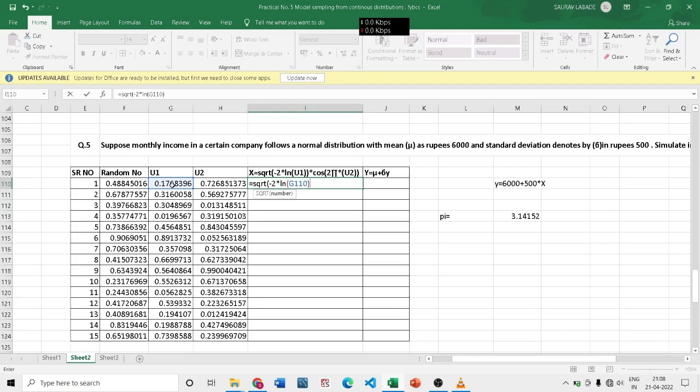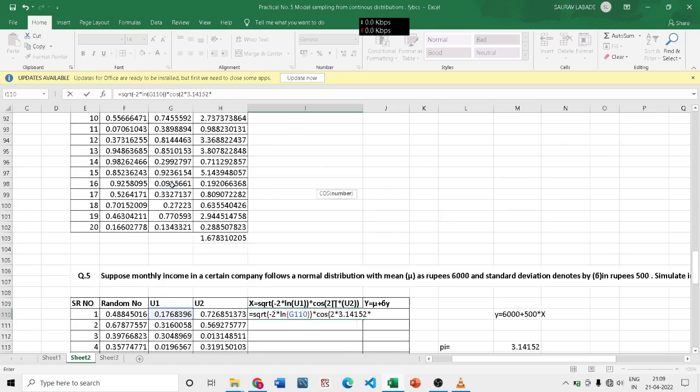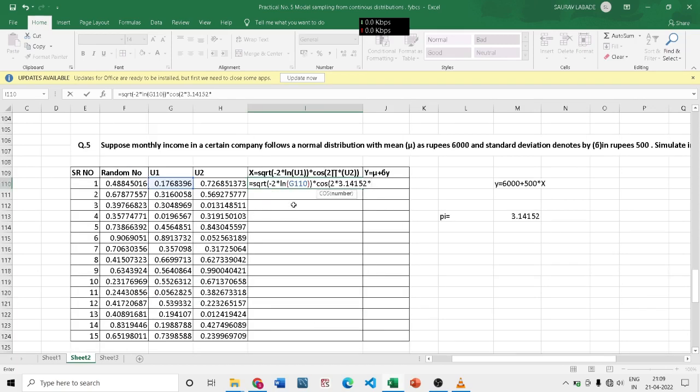I will close the bracket again, and multiply by cos of 2 into pi. The value of pi is 3.14152, into the next value, that is u2.